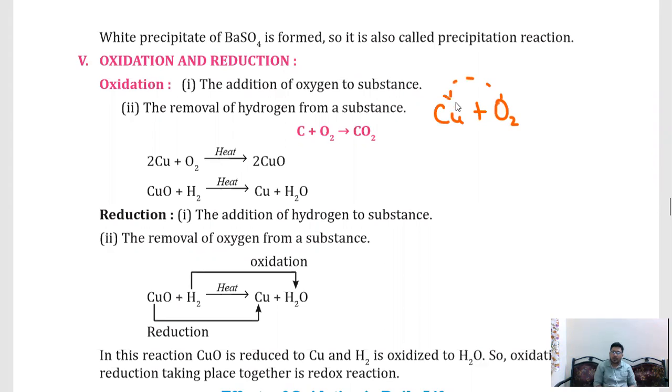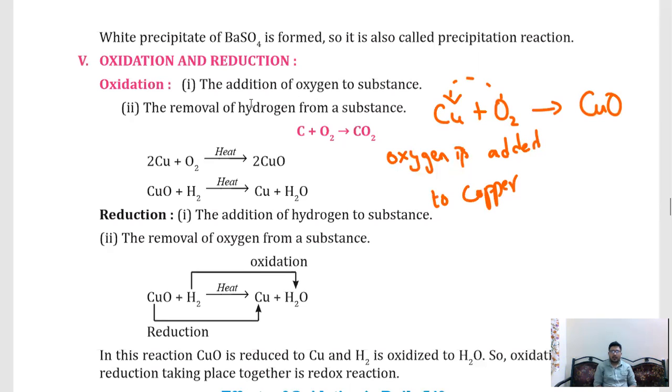Oxygen is given to this copper. Now what can you get? Copper oxide, cupric oxide. Oxygen is added to copper.